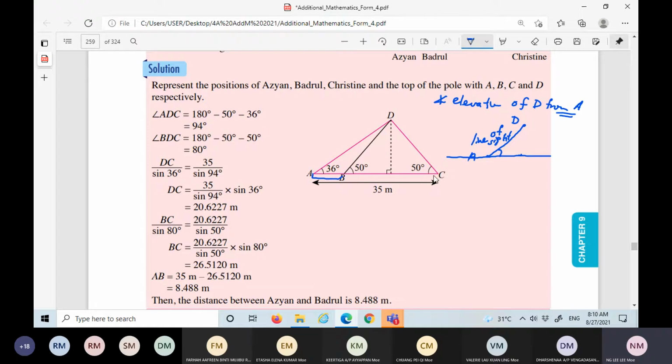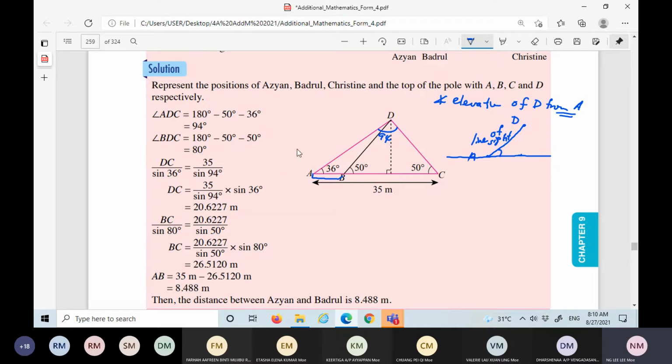So you can use the sine rule. When you have two angles, automatically you can find the third angle, because this is a triangle. So you use 180 degrees minus these two angles, and you can find this angle. Once you get this angle, with one length you can solve for this length and this length. You can get either one.